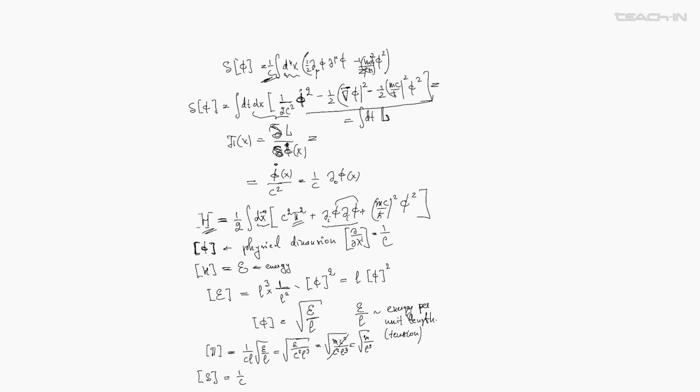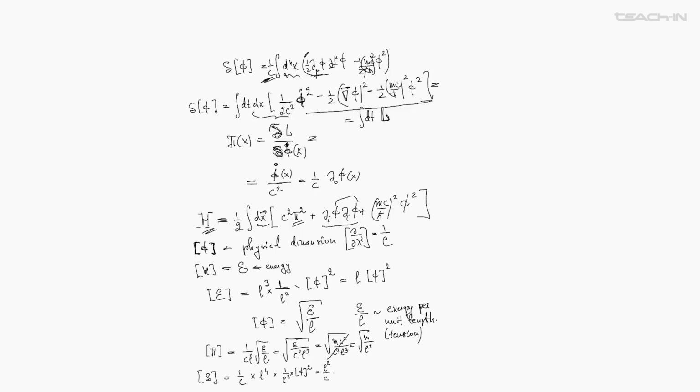Then you have 1 divided by L squared from two derivatives, derivative 1, derivative 2. And then you have field phi twice. So it's dimension twice. And so you see from here L squared divided by C. And then phi squared gives you energy divided by length.